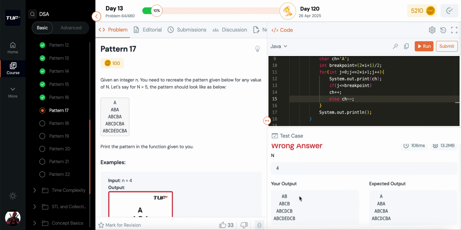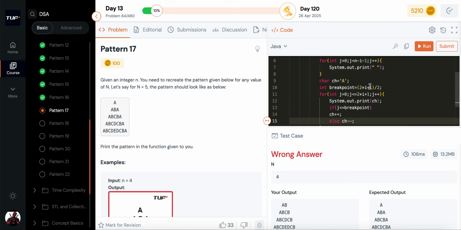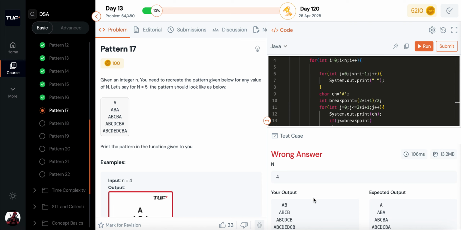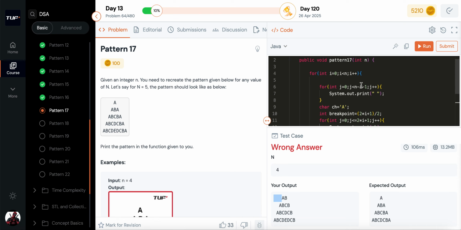Wrong answer still. So I see the space for 5, 0 to 4.